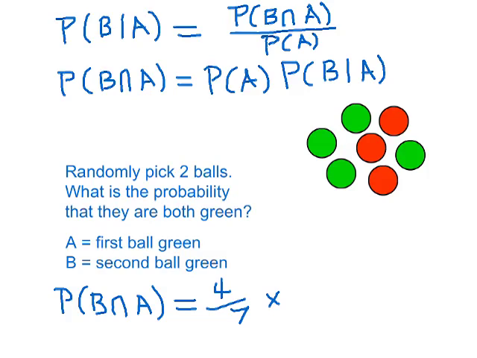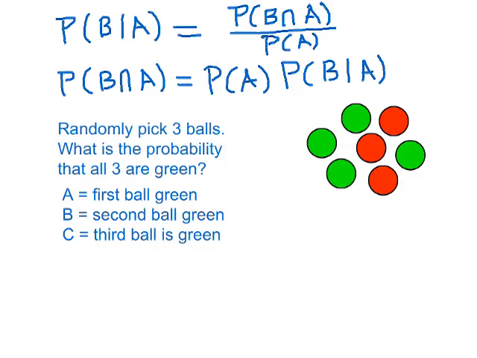So when you draw that second ball, that's 3 chances in 6 that the second ball will be green if you know the first ball was green. And when you multiply those fractions together, 12 over 6 is 2, divided by 7, 2 sevenths. So the probability that both balls are green is 2 sevenths, and notice we calculated that by using conditional probabilities, even though the question itself does not involve conditional probability.